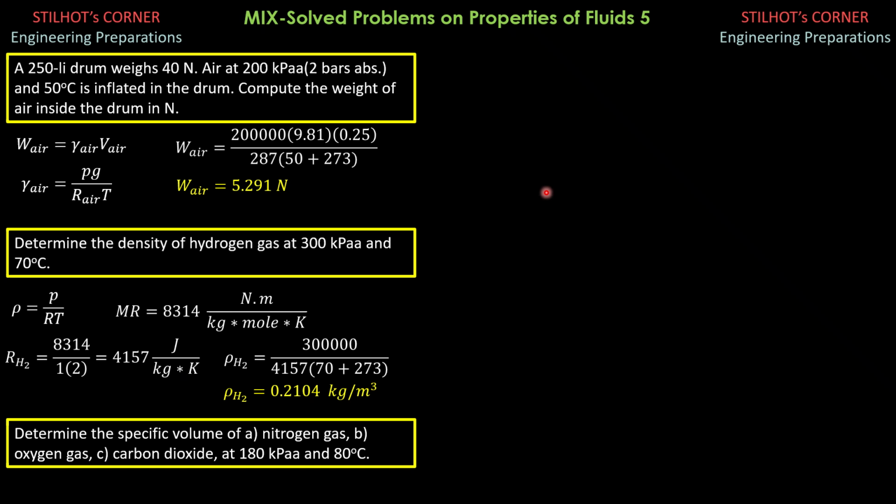Specific volume is the reciprocal of density, and it is also g over specific weight of the gas, because density is specific weight over g.